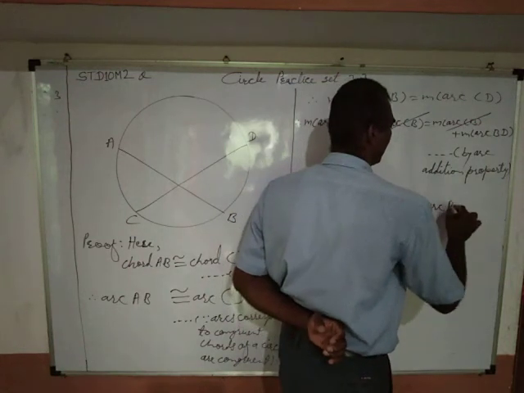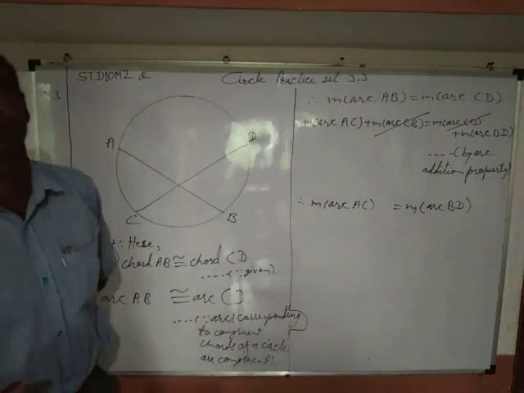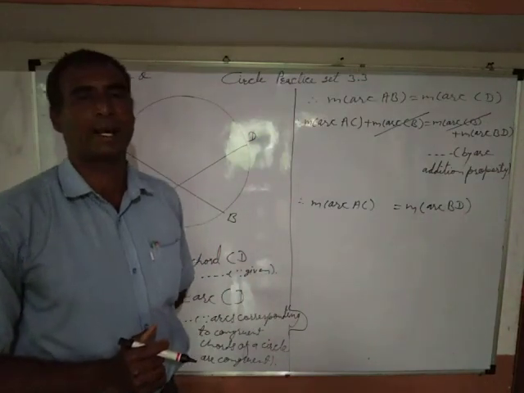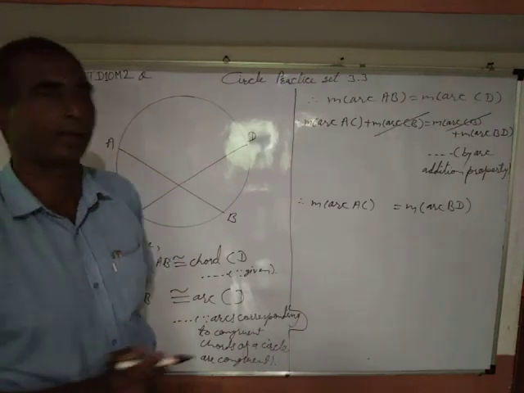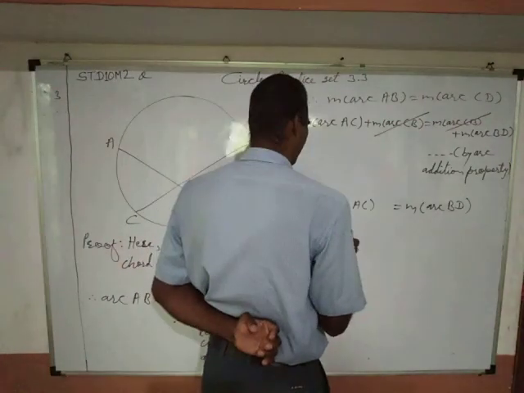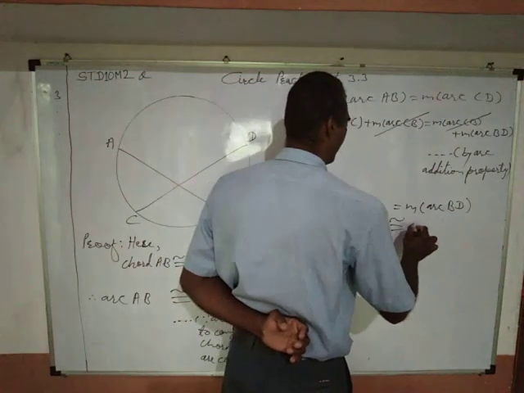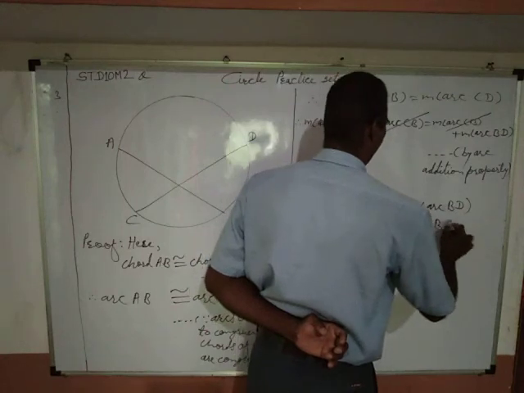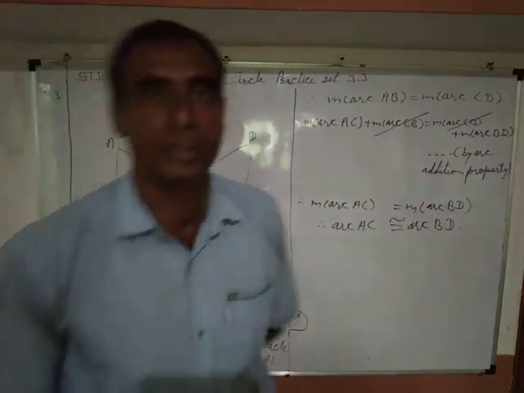And if measures of arcs of a circle are equal, then those arcs are congruent. Therefore, arc AC is congruent with arc BD. Hence the proof. Thank you.